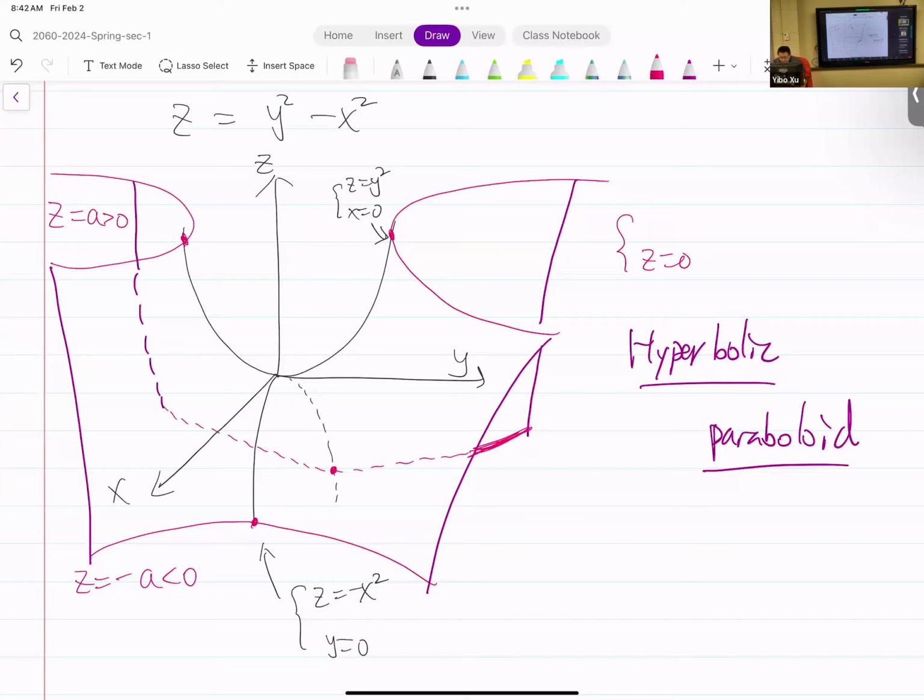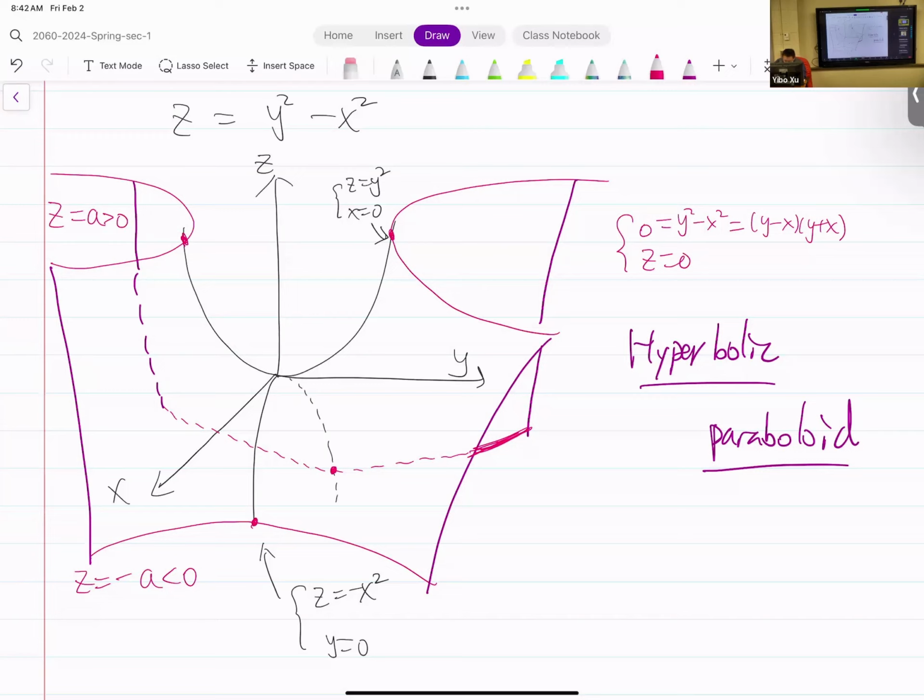You do know that the right-hand side can be factored. This is exactly Y minus X times Y plus X. So that's just the line Y equals X and the line Y equals negative X. It's kind of like a degenerate hyperbola, and that's exactly within the XY plane.